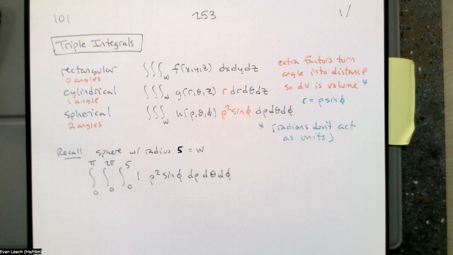Because our coordinates are spheres, the graph paper that we're drawing this on is just a bunch of spheres centered at the origin. Our integral, the sphere itself, is just going to be a bunch of intervals.